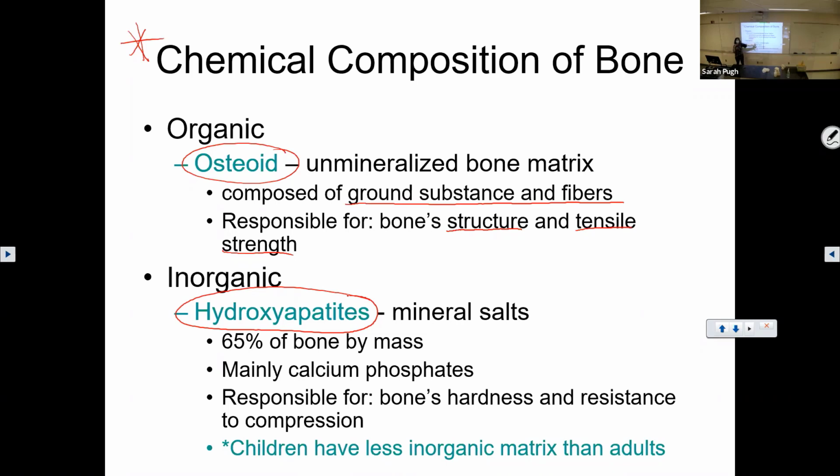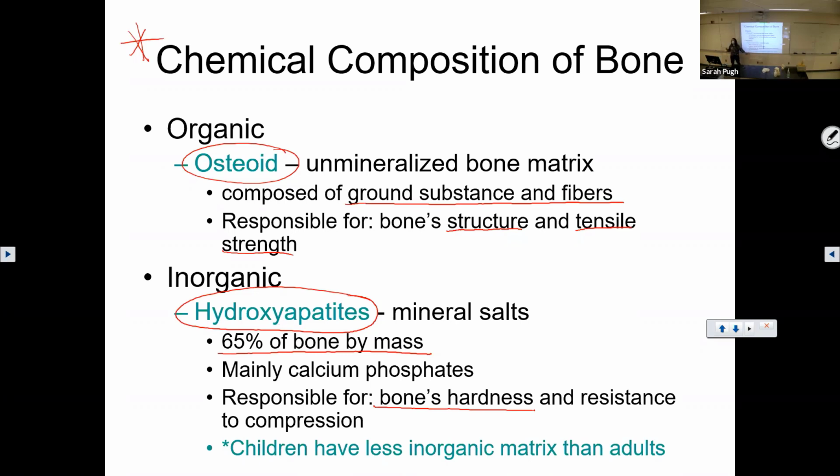The hydroxyapatite is the calcium salt. So this is what's going to make your bone hard. This hydroxyapatite makes up 65% of your bone by mass, mostly calcium phosphate. And obviously calcium makes your bone hard. So it is responsible for your bone's hardness and resistance to compression.